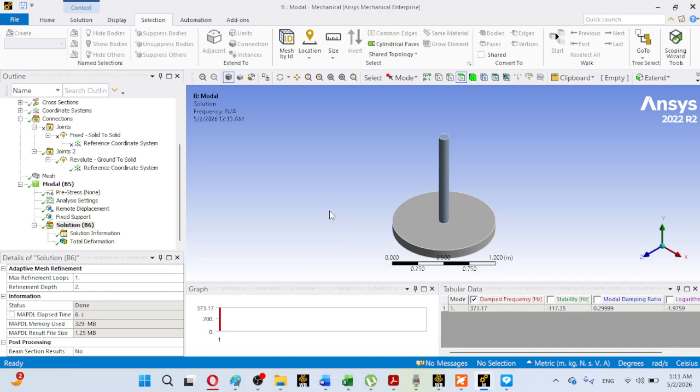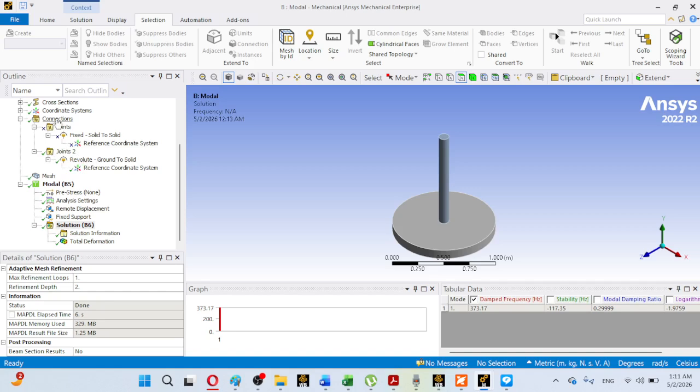From my experience and from going through the internet and different research websites, I have learned that you will be creating a revolute joint.